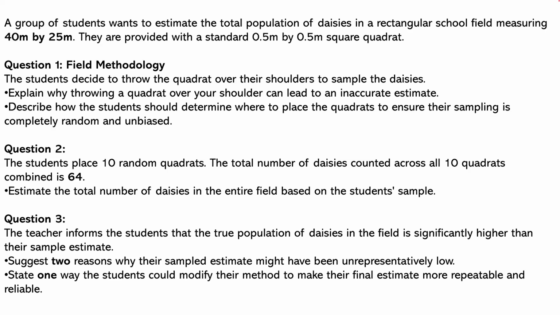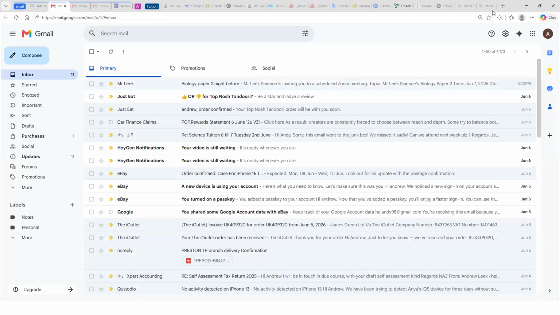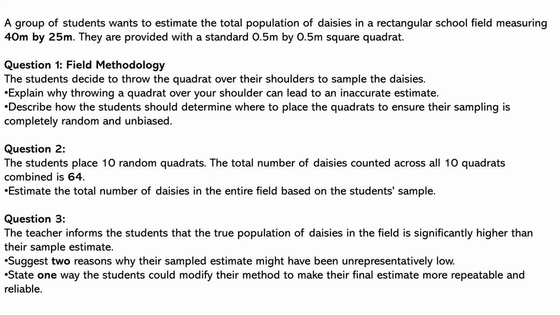The students decide to throw the quadrat over their shoulder. Immediately what you're doing is introducing bias. Why can throwing the quadrat over your shoulder lead to an inaccurate estimate?